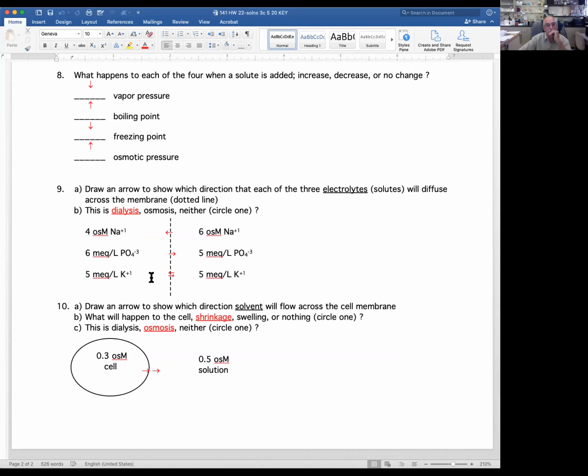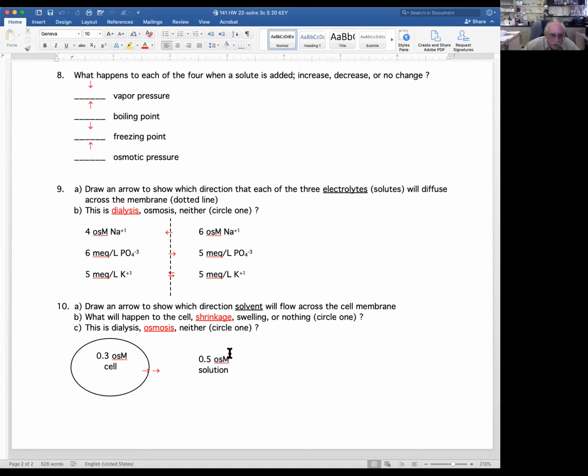This last one, draw an arrow to show which direction solvent will flow across the membrane. So if we're talking about solvent, now this is not dialysis, this is osmosis. So what will happen to the cell? Okay, here I have more solute, right, than here.